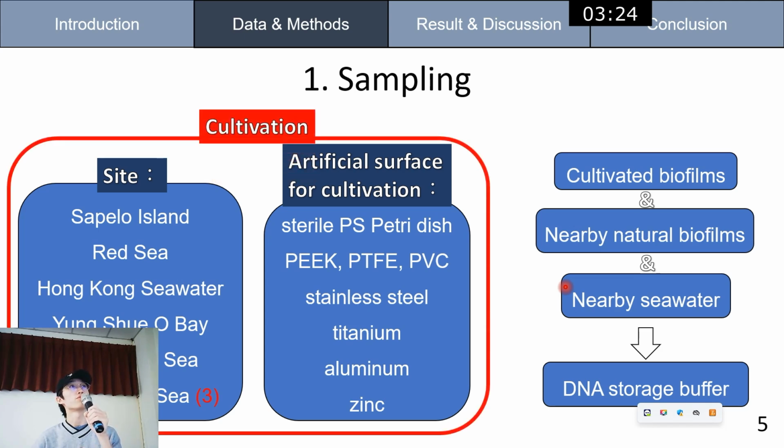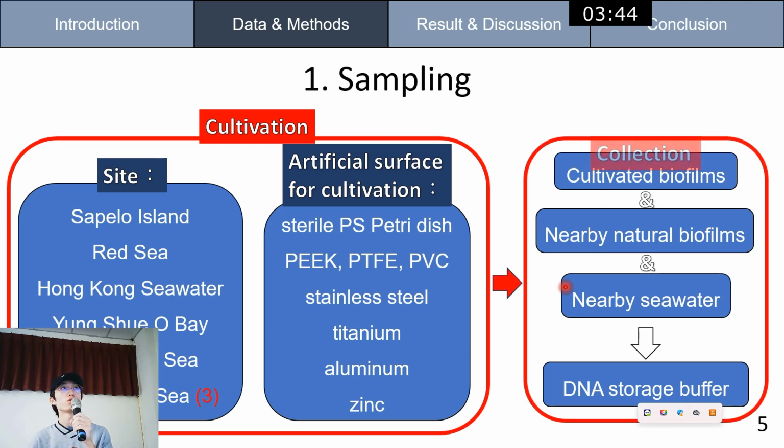This is for cultivation. And then we collect the biofilms we cultivated and the nearby natural biofilms, and we also collect seawater samples and store them in DNA storage buffer. This is for collection.